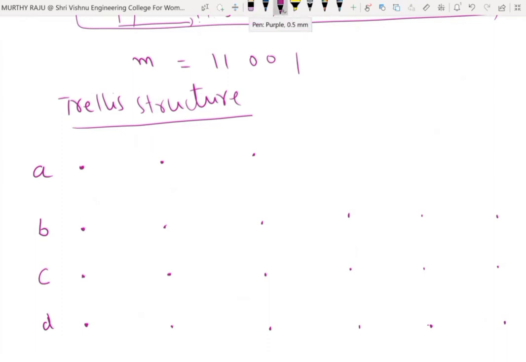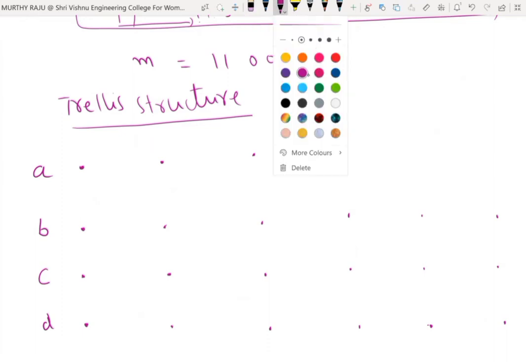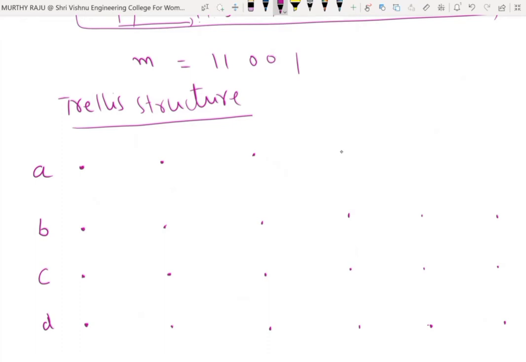All the dots in a straight line and avoid the confusion. Like that. Okay.